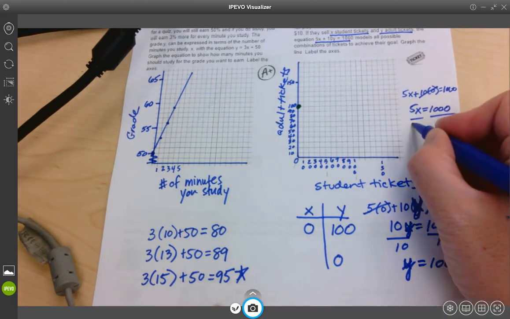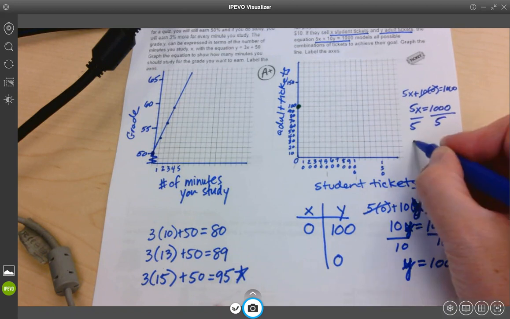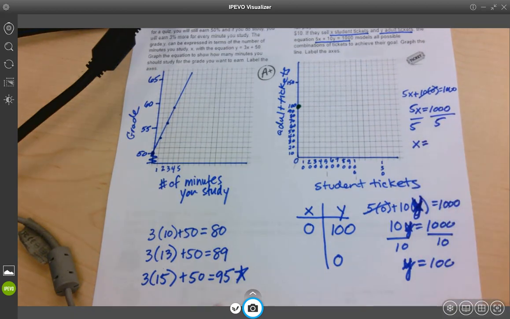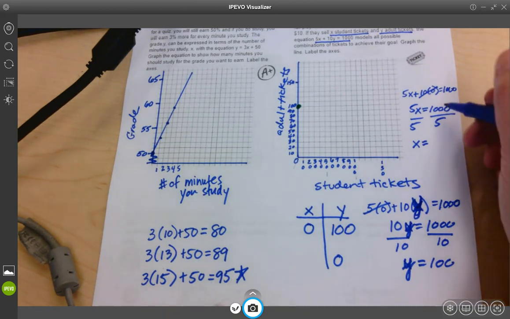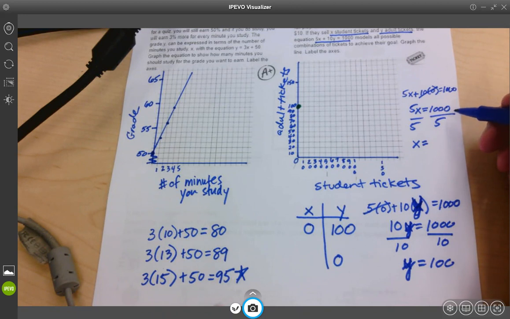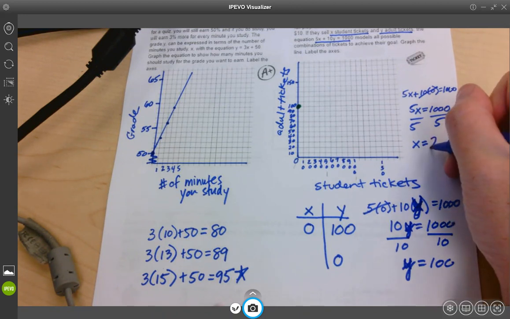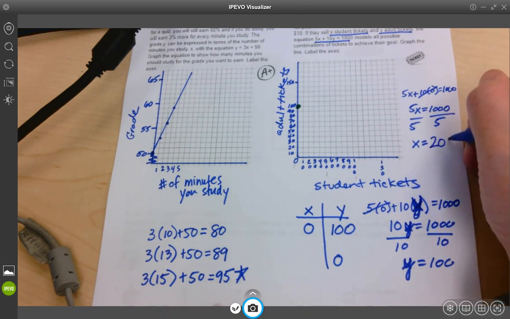And I divide it. And we get x equals what? It was bigger this time, right? How many? Joseph, I think you got it, right? I was asking Joseph if he got an answer for this one. It was 200. Very good.